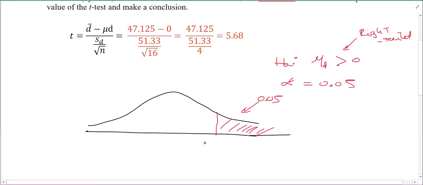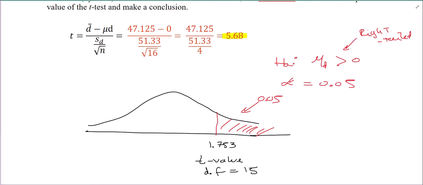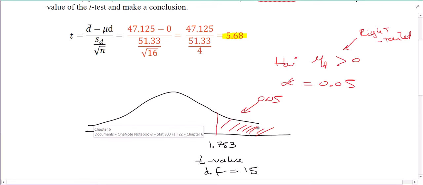So here this is 1.753. So this is our critical t value for a level of significance of 0.05 with degrees of freedom equal to 15. Now notice that our t-score is 5.68. So when we're doing the critical region method, this is the highlighted part here. This is the critical region.